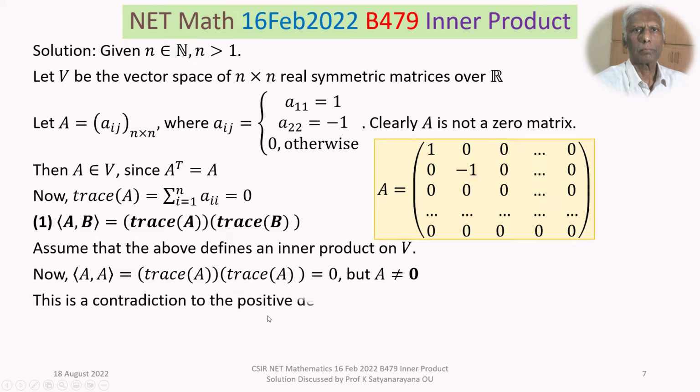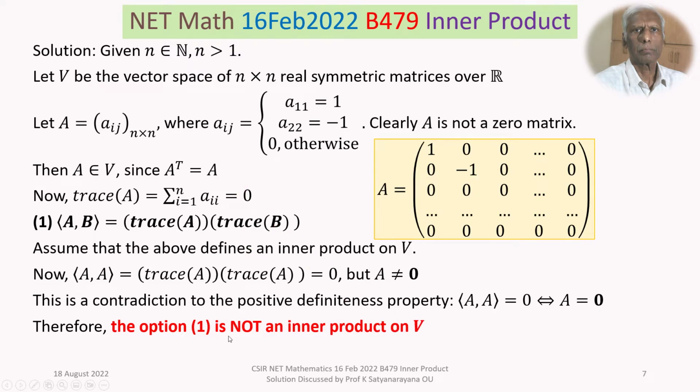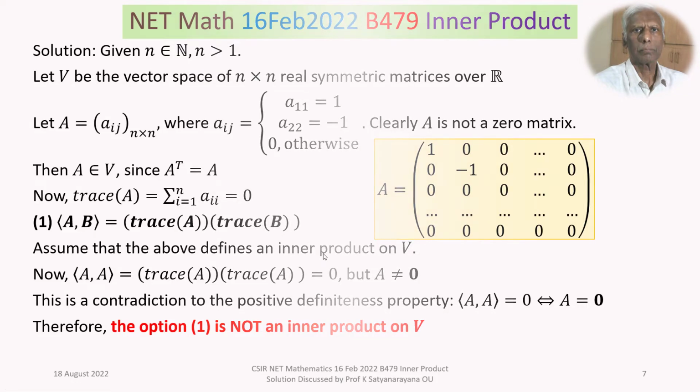This contradicts the positive definiteness property of the inner product. So option 1 is not an inner product on V. Thus we have eliminated option 1.